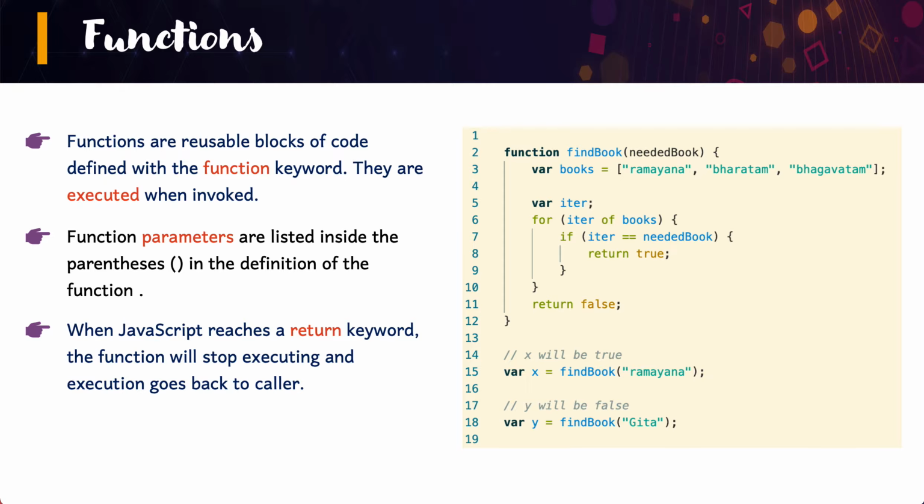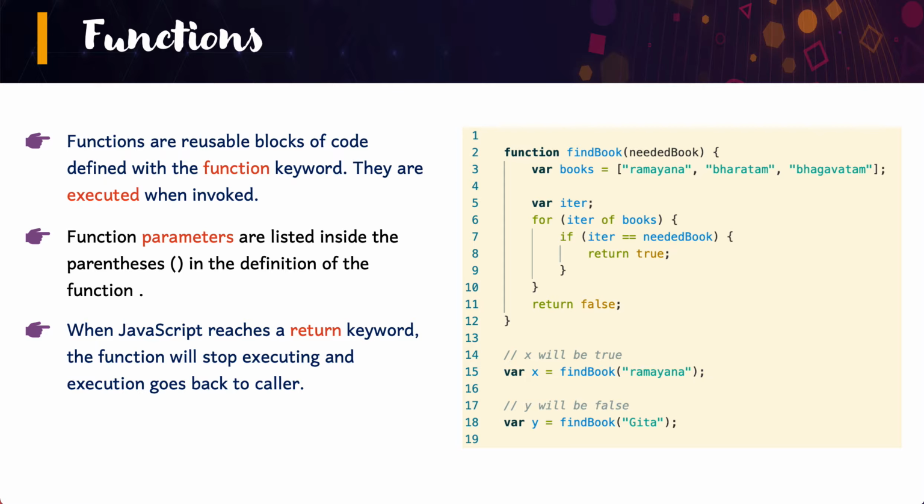The execution stops in our case in line number 8 and comes back to line number 15, where x will have the value true. Now after this, the execution continues and goes to line number 18. The same function is called again, but here we are trying to find the book Gita and it is not there in our array.